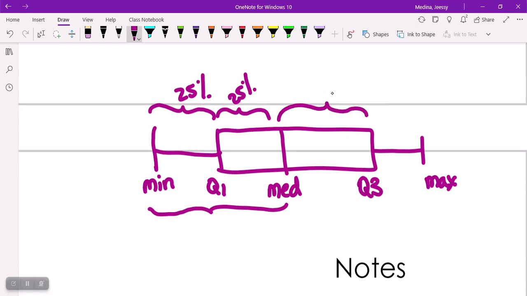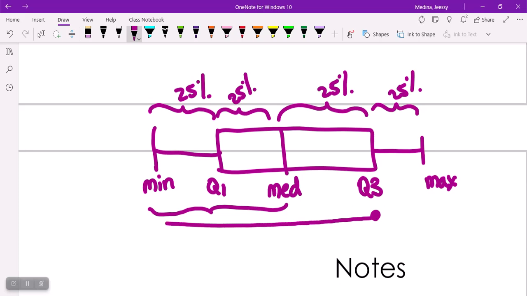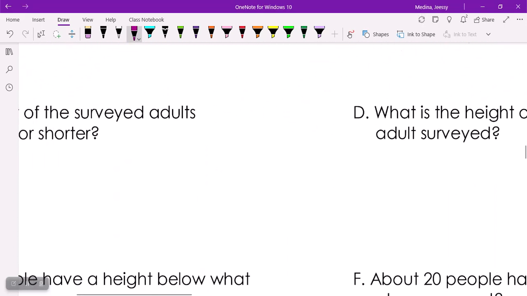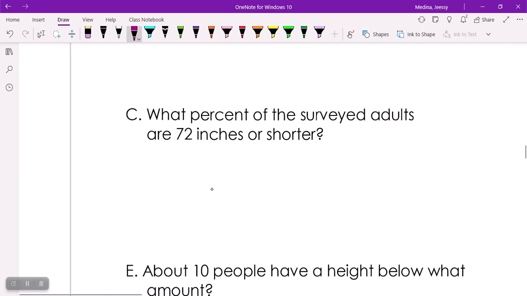This is also 25%, and this one is 25%. We're at Q3, right? So how much data is below Q3? 3/4, which is 75%. Clear? And is that what they want, the percent? Yes, so 75% of the adults are 72 inches or shorter.